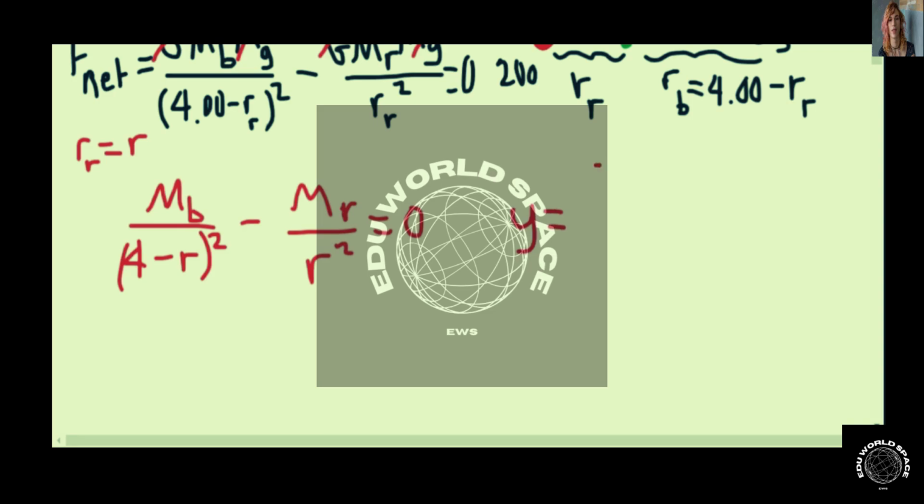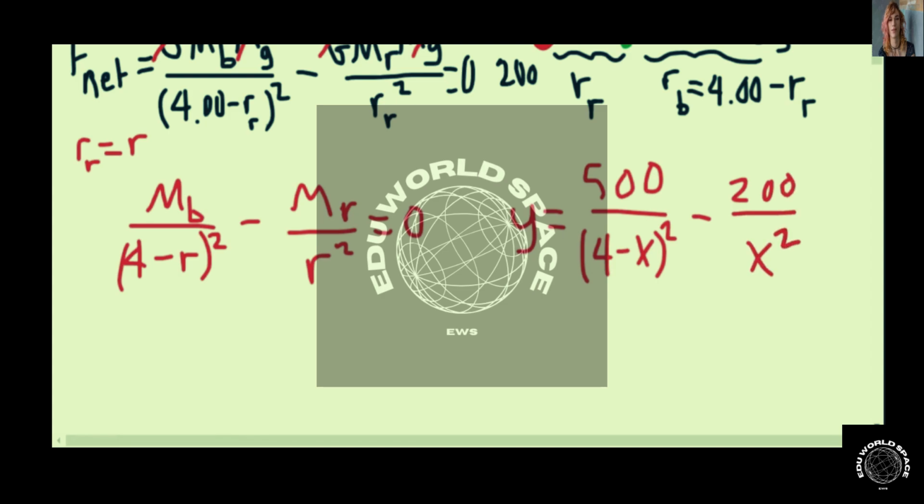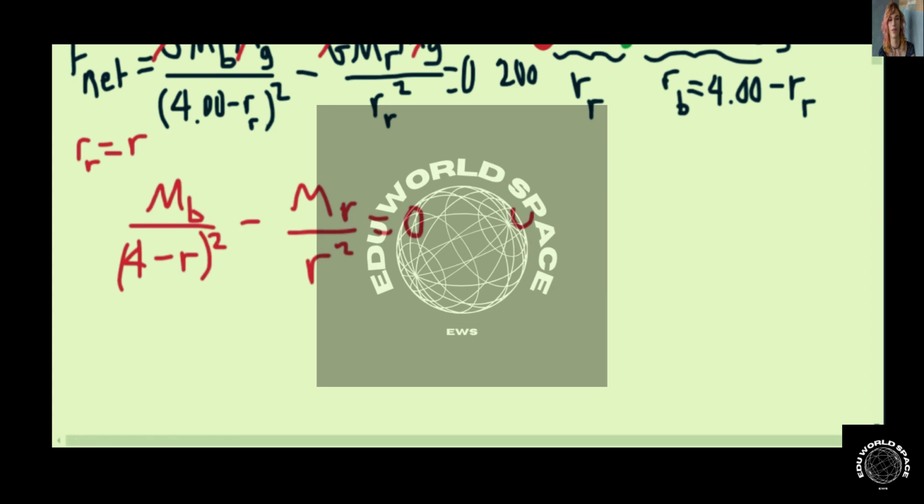So M B is 500. I'm just going to write y equals 500 over 4 minus x, squared, and then minus 200 over x squared.